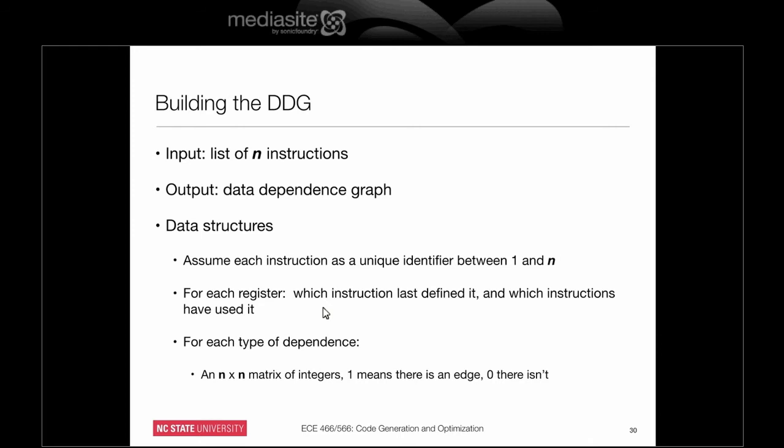And for each type of dependence, we're going to have an n by n matrix of integers. That means that if there's a 1 in the matrix at a position, then there's an edge between two instructions. And if there's a 0, then there's not an edge. Okay, and a matrix is often used to represent edges in a graph.